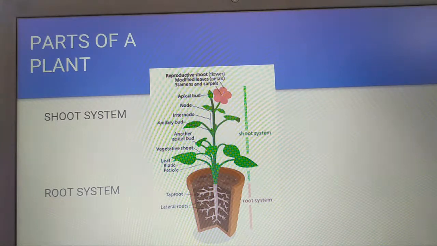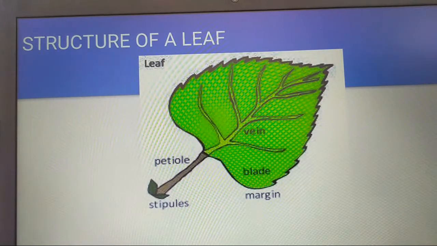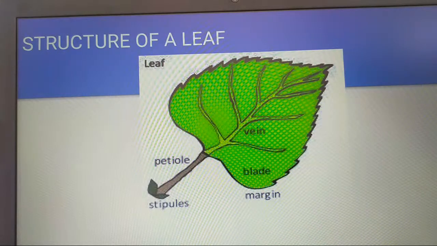So you can see here how the petiole is attaching the leaf to the stem.